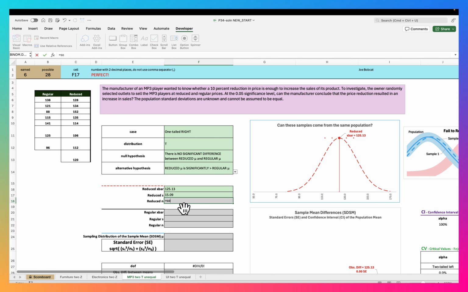And then the count. And for the regular, standard deviation. And this is the .s version because it's sample standard deviation, and then the count.